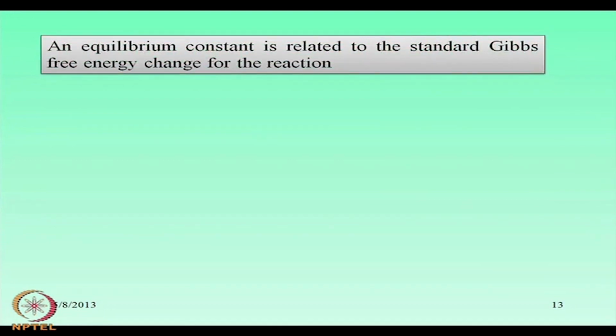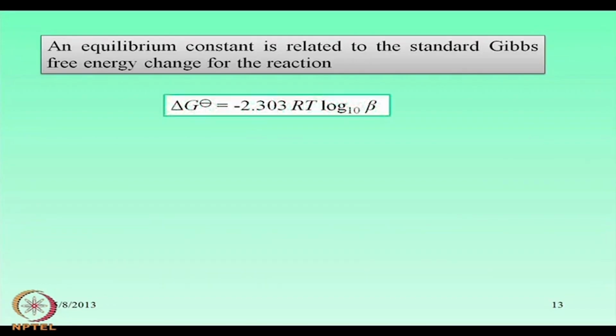So for that, the equilibrium constant is related to the standard Gibbs free energy. So both delta H and delta S are related to the standard delta G particularly. So the delta G values should be related to the corresponding enthalpy term and the entropy term by the equilibrium constant value, which is the beta value. So delta G0 will be equal to minus 2.303 RT log to the base 10 beta.